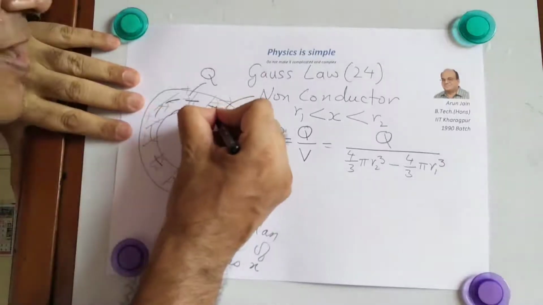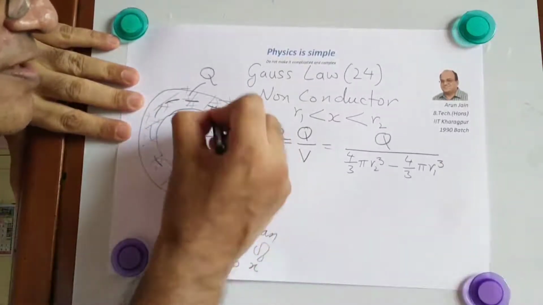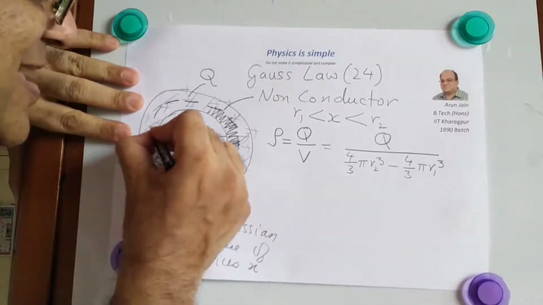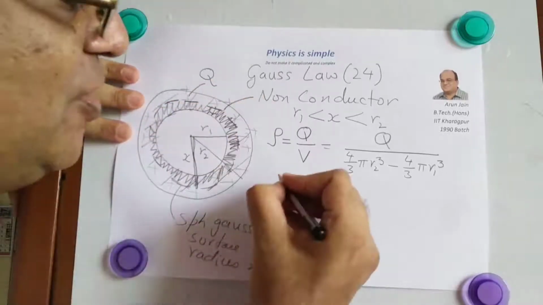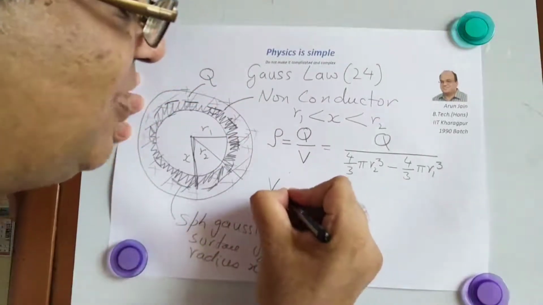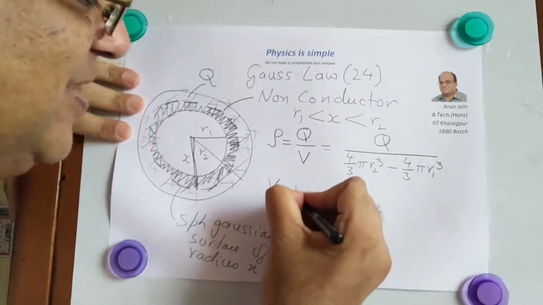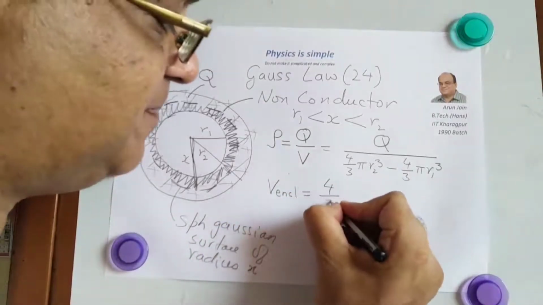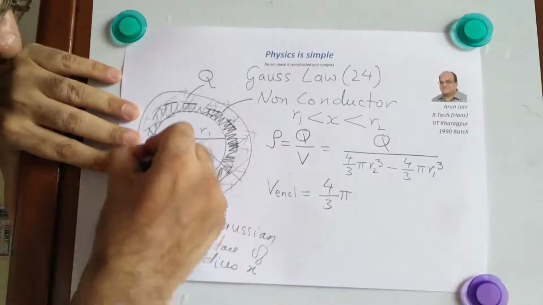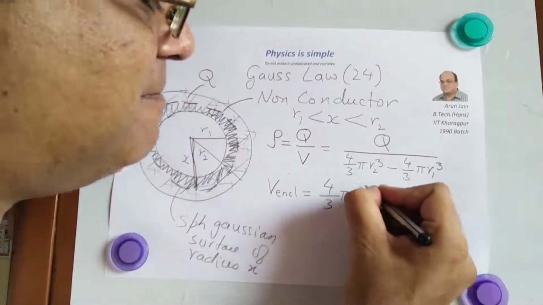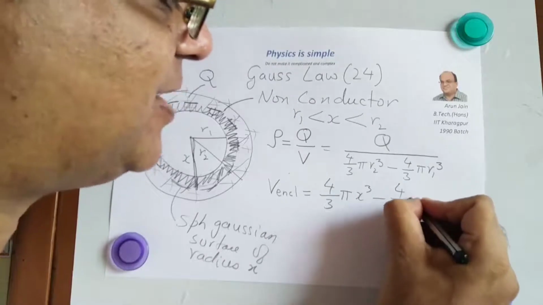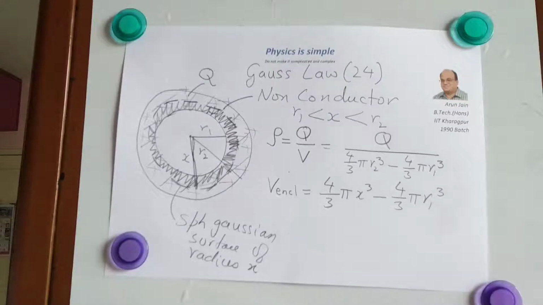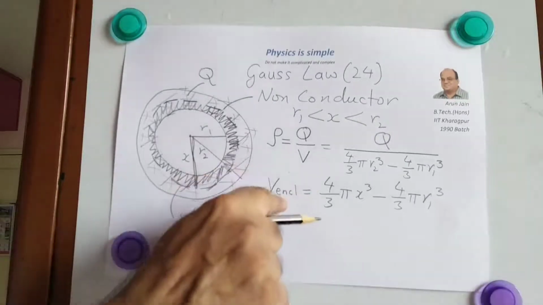Now the volume of material inside this Gaussian surface, we call it V enclosed, enclosed by the Gaussian surface, will be equal to 4 by 3 pi, the outer radius cube, which is x cube, minus 4 by 3 pi R1 cube. Okay, and charge is there in this volume. Charge enclosed is there in this volume enclosed.